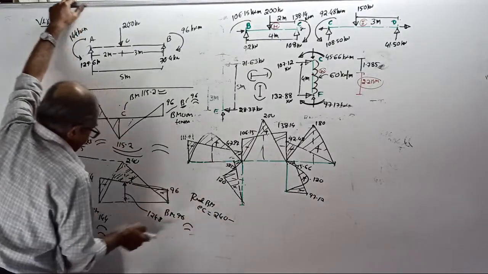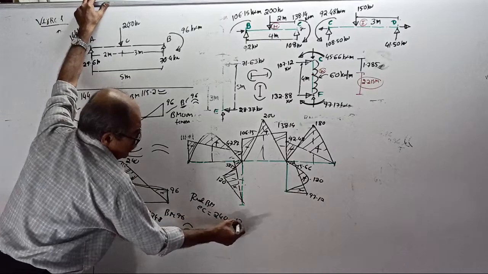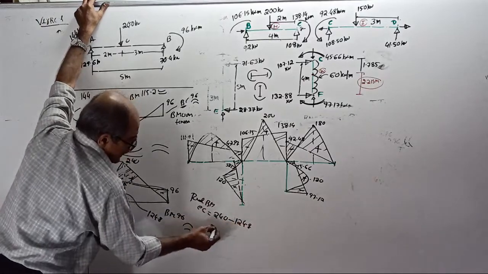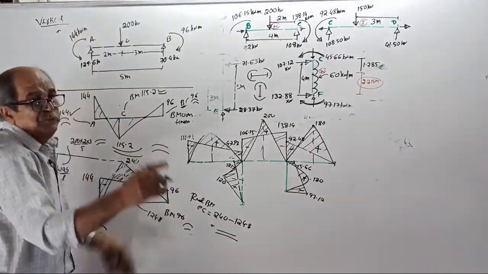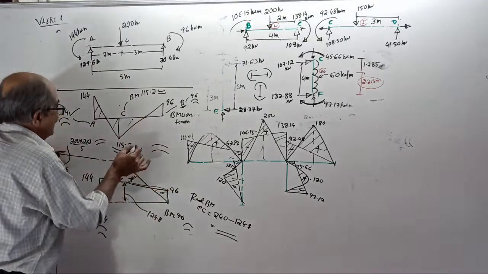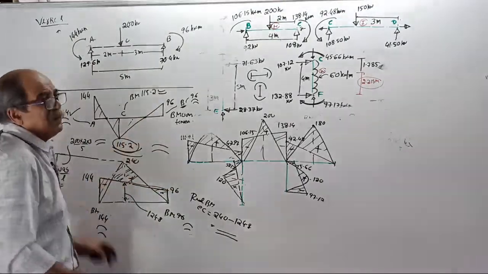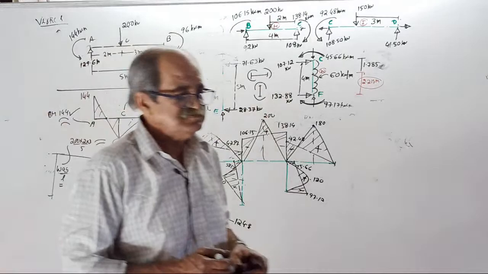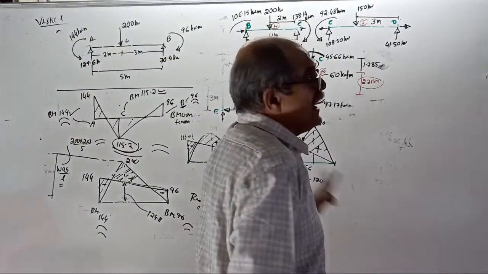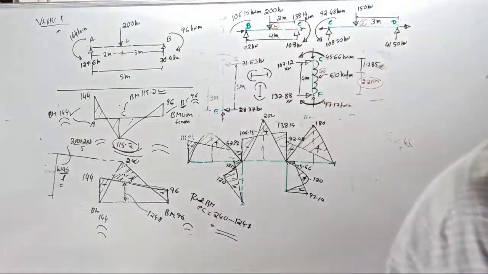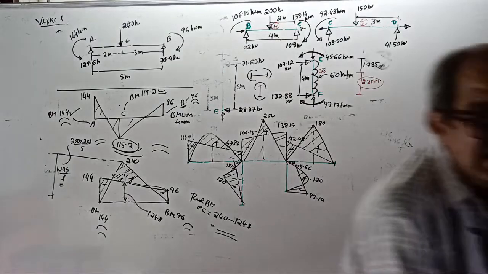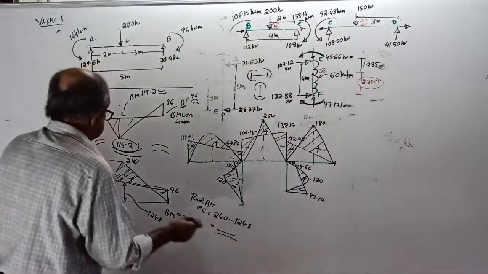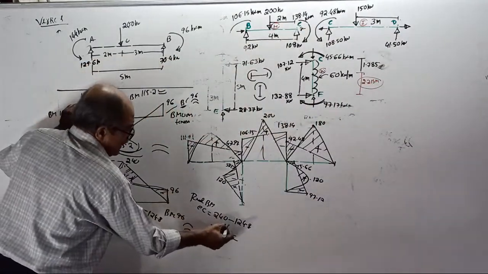From 240, you have to subtract 124.8. Calculate the answer. If any answer comes other than this answer, from tomorrow, don't come to my class. If you work it that way, you get the BM. Tell the answer. Plus 115.2. It will come plus 115.2.